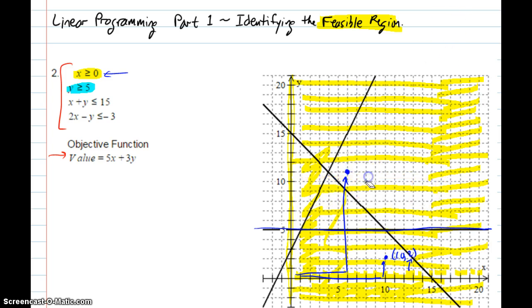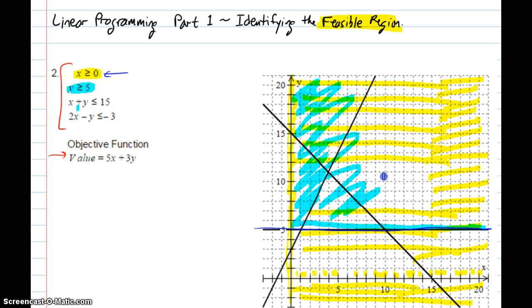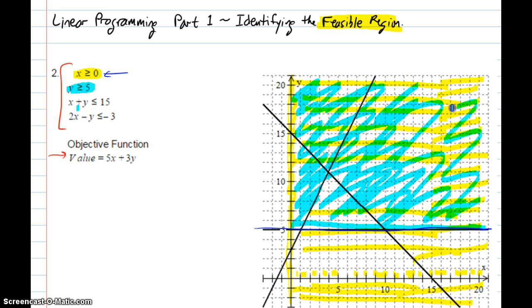So let me get rid of these coordinates for a minute. I want to shade everything above this line, but to the right of the y-axis. So I'm going to shade everything in this region. So I've kind of knocked off a good chunk of my graph, but I still have quite a bit to look at yet.